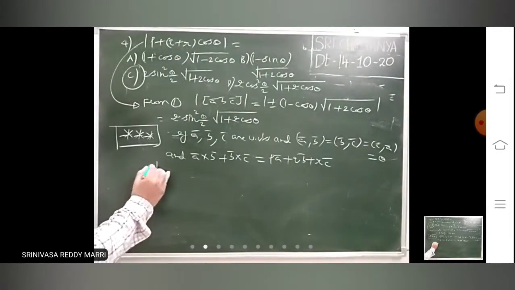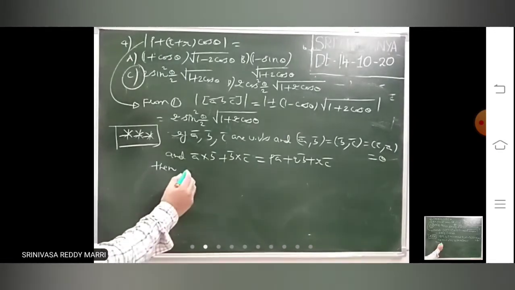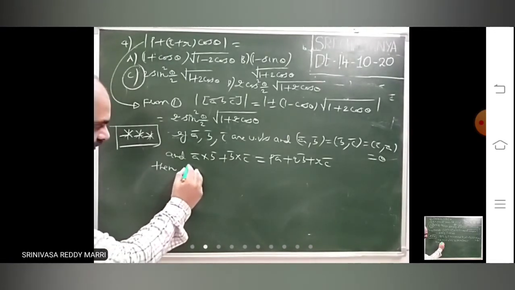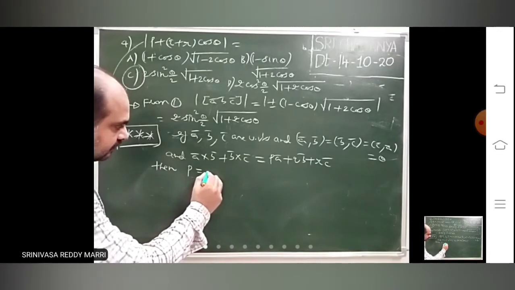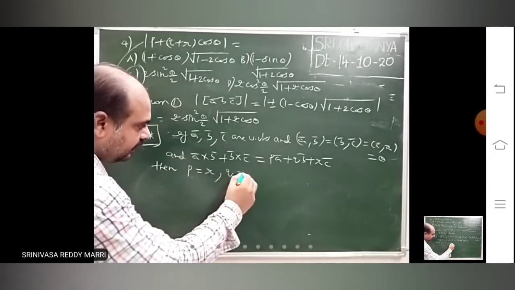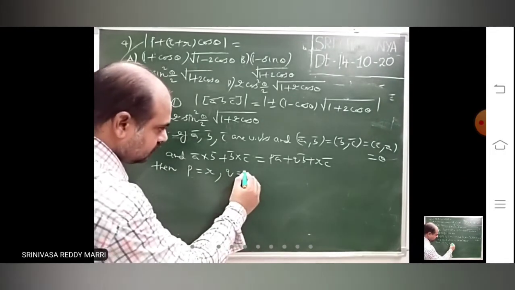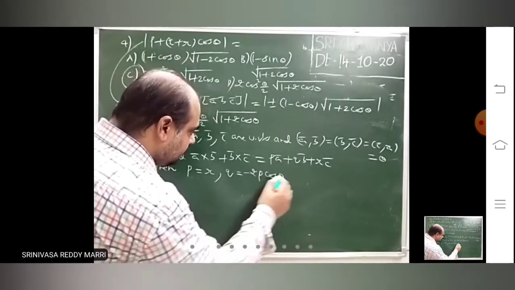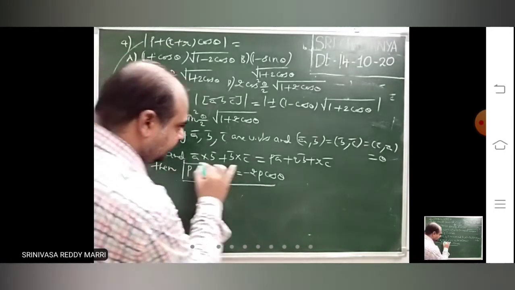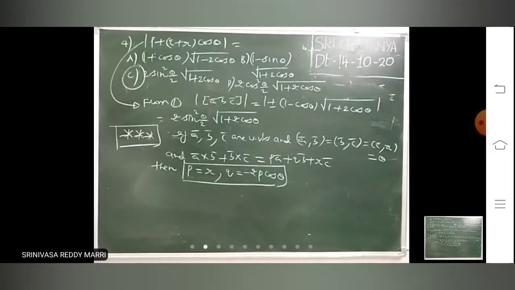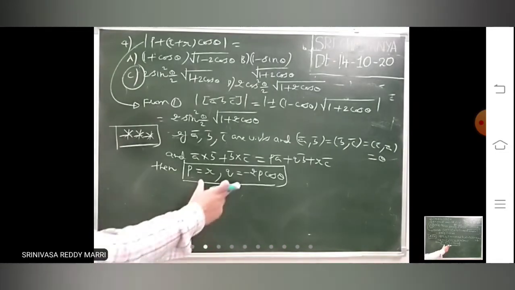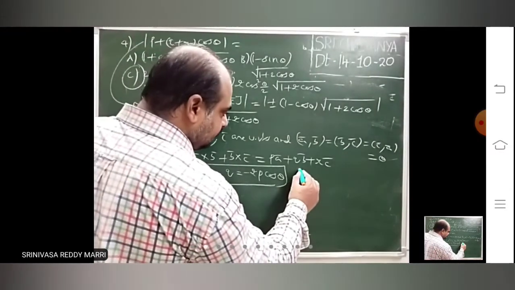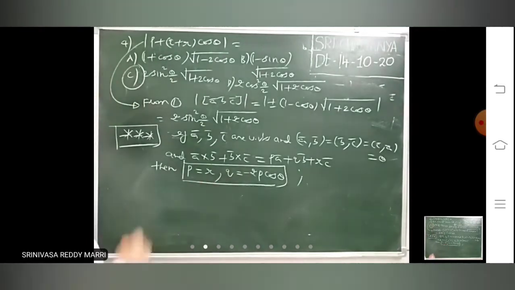Then what you have to remember is two relations: P equal to R, comma, Q equal to minus 2P cos theta. This is a very important relation. P equal to R, we have derived now. Q equal to minus 2P cos theta. Very important relation.